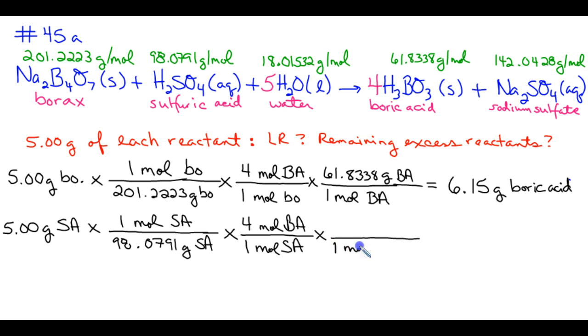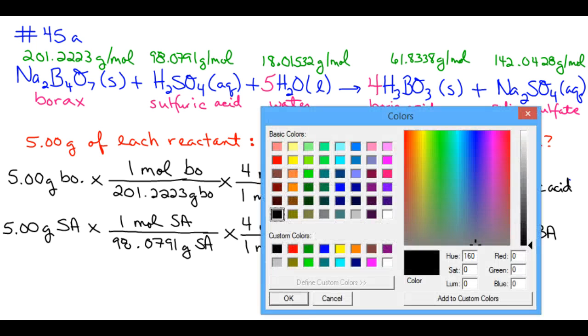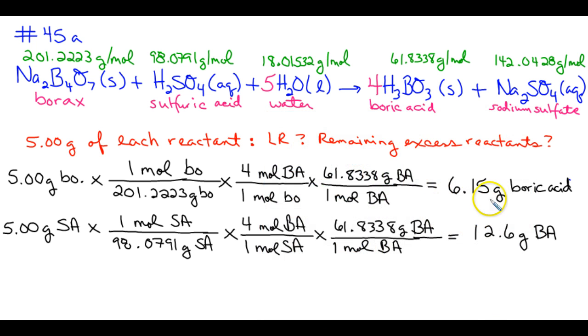And then again, I'm going to go ahead and convert to grams because that's what we are most used to seeing, and you'll have to do anyway on your test. So this one gives us 12.6 grams of boric acid. This is obviously not going to be our limiting reactant because we've already got less there. So we know this one is one of our excess reactants.